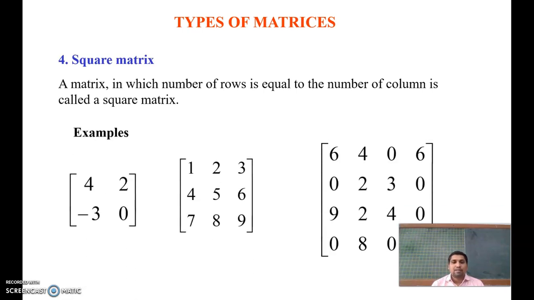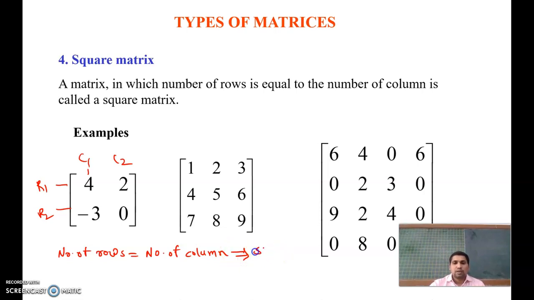Here you can see that in these matrices there are 2 rows and 2 columns, meaning the number of rows is equal to the number of columns. So it is called a square matrix. This is a 2 by 2 matrix and here the number of rows equals the number of columns.